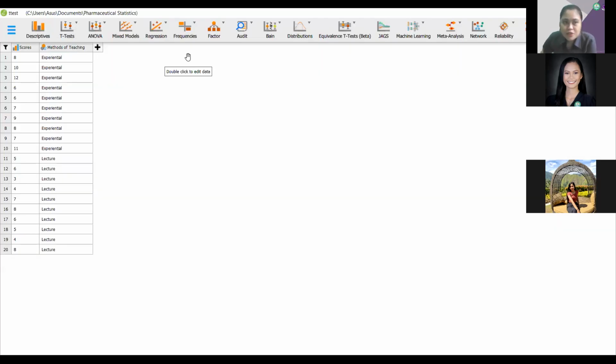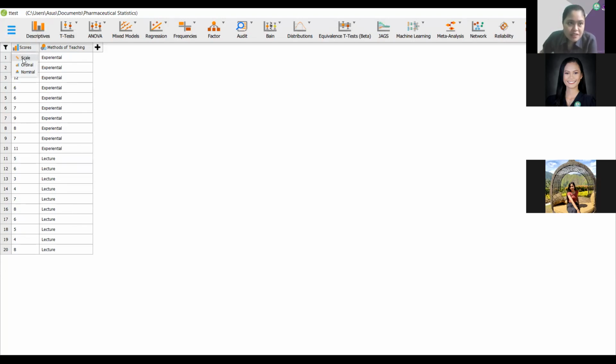So that's the first one, importing our data to JASP. So sa JASP class, you just have to make sure that all the scores are encoded in one column and all the independent variables also are placed in one column. And before you move on with the testing, you have to make sure first that tama yung type of data.